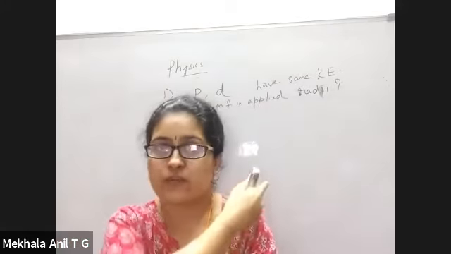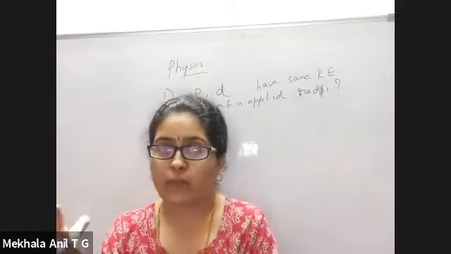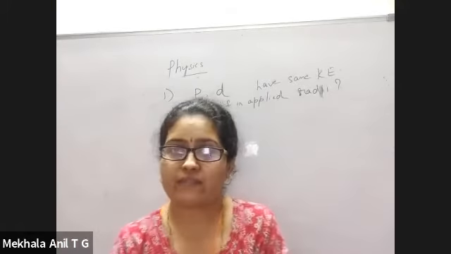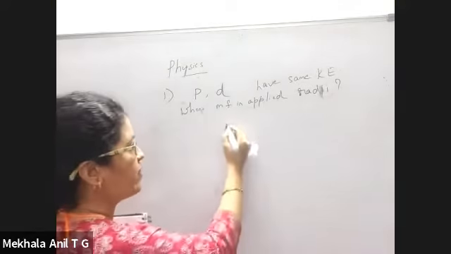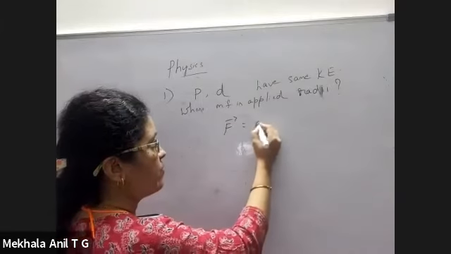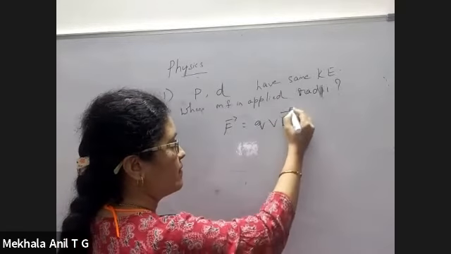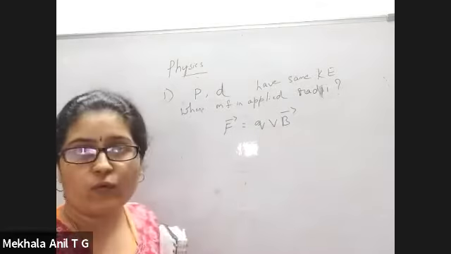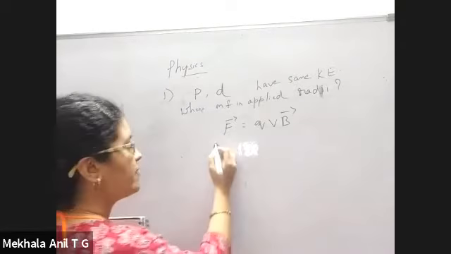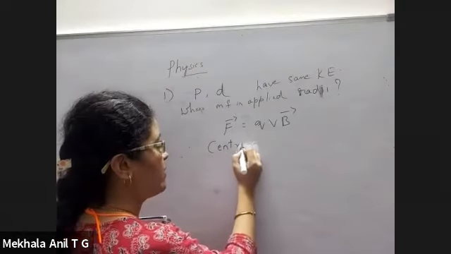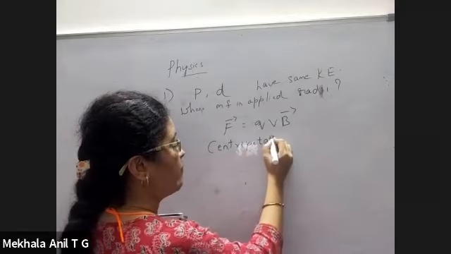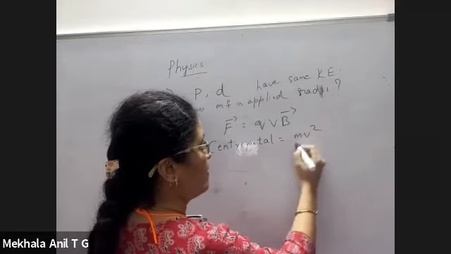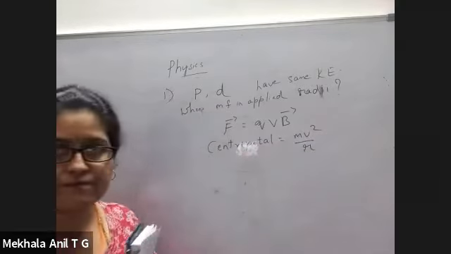And here also, there is nothing you have to memorize. What you have to remember is only the Lorentz formula, which is F is equal to qvB, and you know what the centripetal force is. The centripetal force is mv square by r.